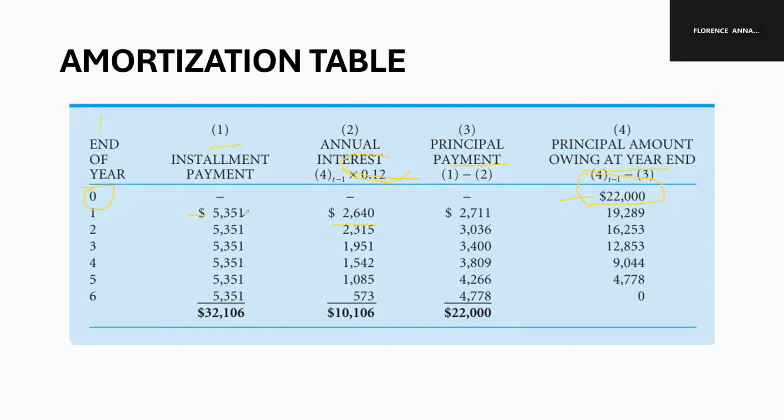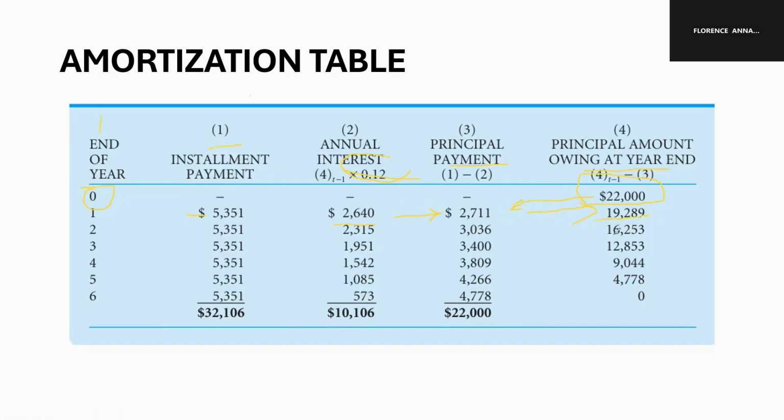If you deduct 2,640 na interest from 5,351, you'll arrive at your principal repayment na 2,711. So, 22,000 less 2,711 na loan repayment, you'll end up with your balance at the end of period 1 na 19,289.